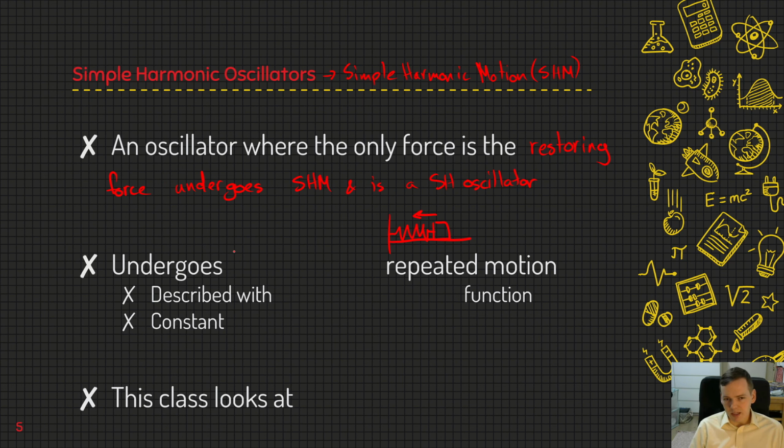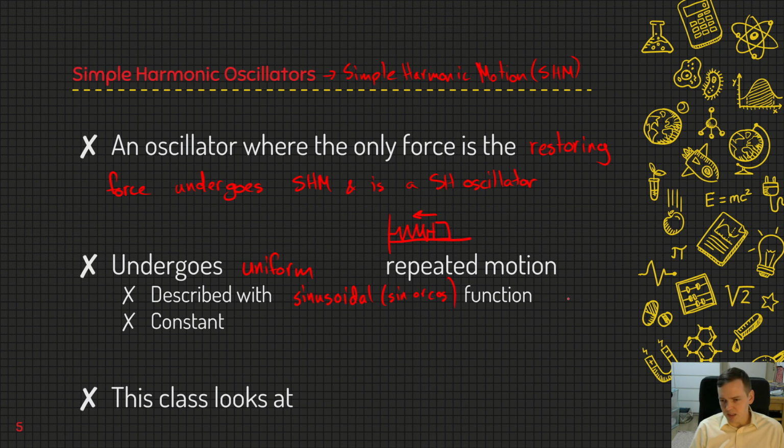So what's interesting about simple harmonic motion is that it's uniform repeated motion, meaning it always does the same thing. It always goes to the same maximum. It always goes to the same minimum. It does it at the same constant rate. Everything is the same. And so this is described with a sinusoidal function, which is just sine or cosine.